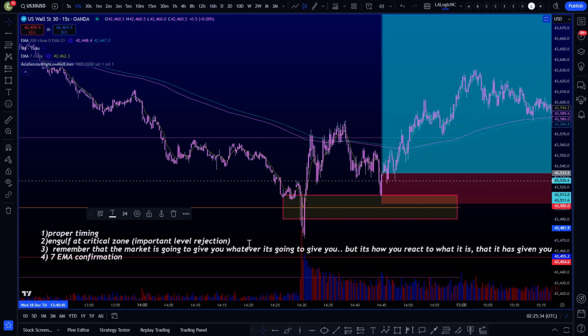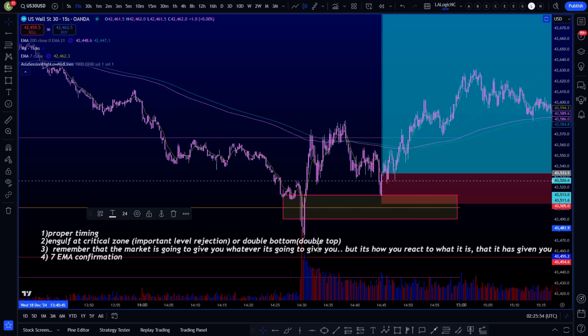Whether it gives you the engulf, the double bottom, or the double top.